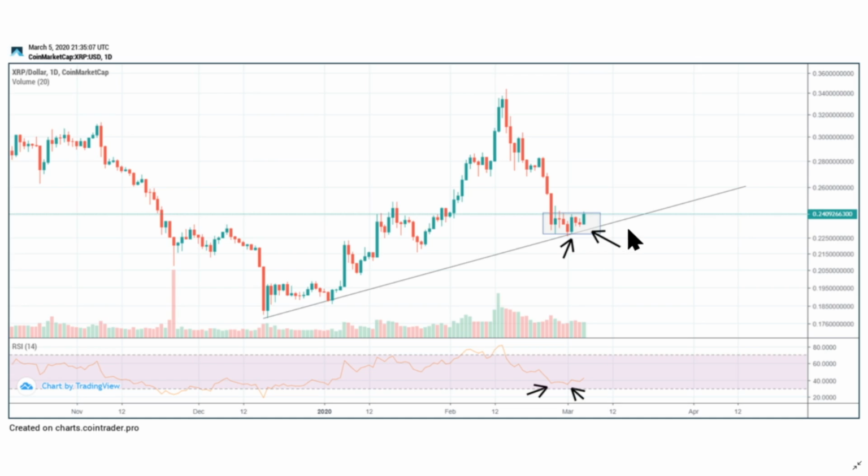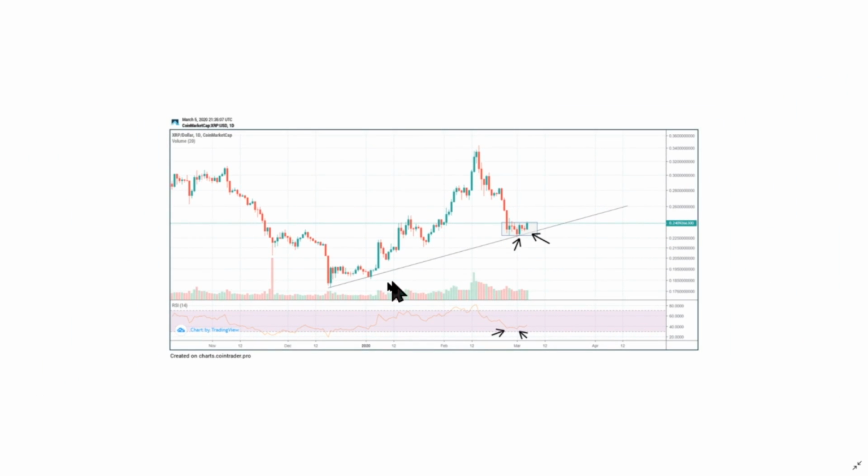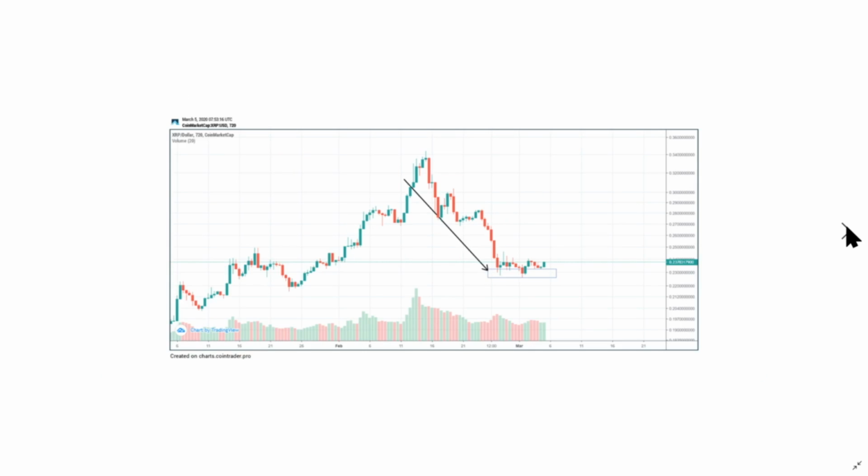Now these are all happening within this trend line, so that makes it valid. Like with this third touch here and a bounce, it makes it valid that it is a trend line for the near future. Now this is in daily, so that is important to note, because if you are trading, say in a 4-hour chart, you can use this resistance and support line from this 1-day chart and then trade that in a 4-hour one.